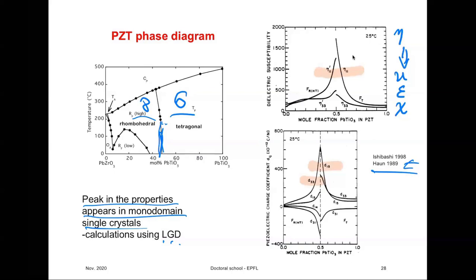So that transverse permittivity and the shear piezoelectric coefficient are the ones that become largest as we approach this boundary. And it's interesting to look why this is so.